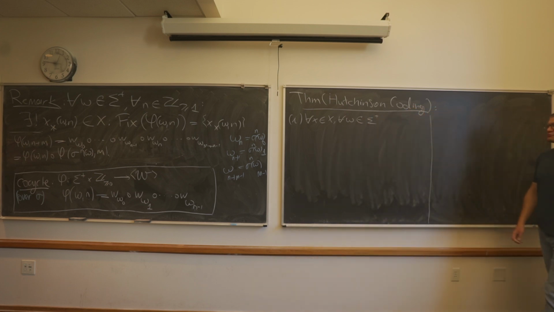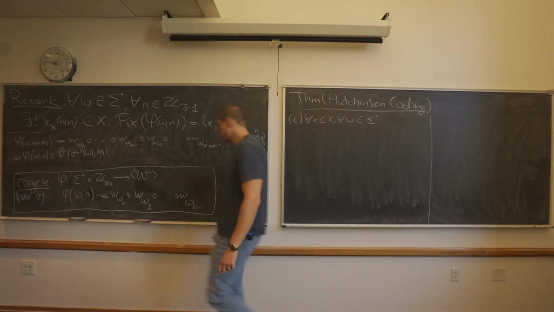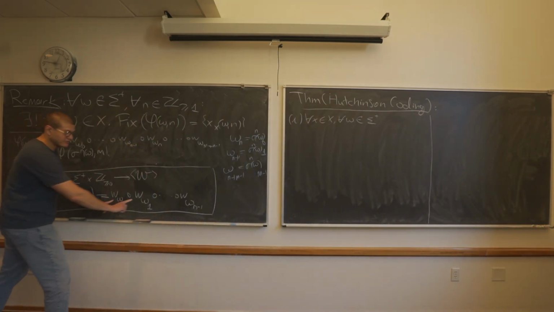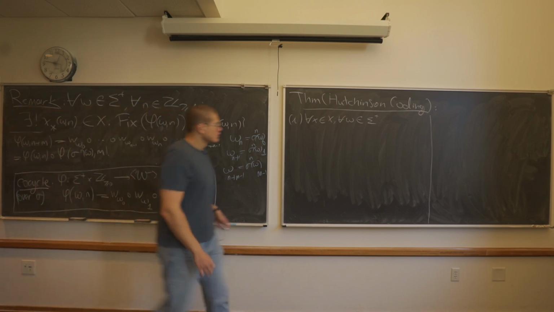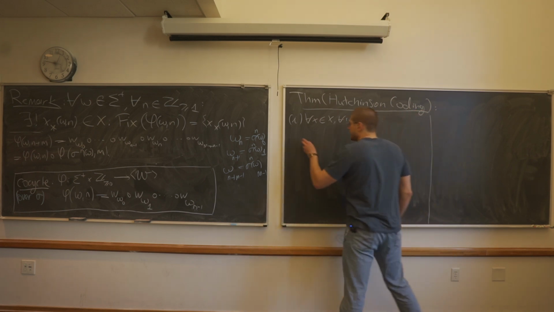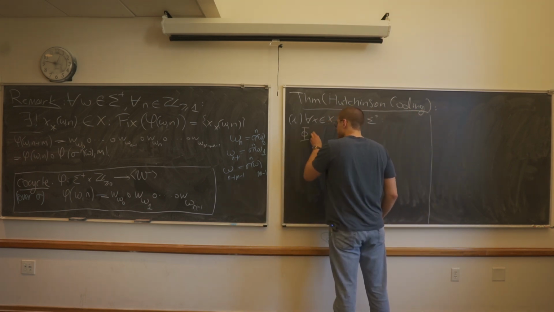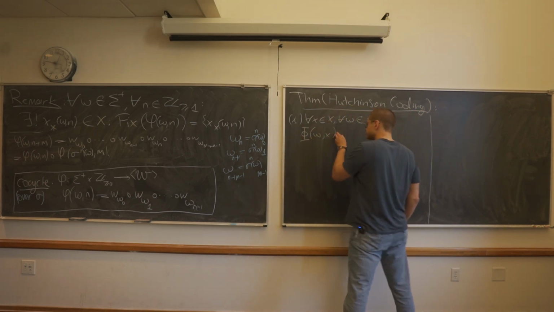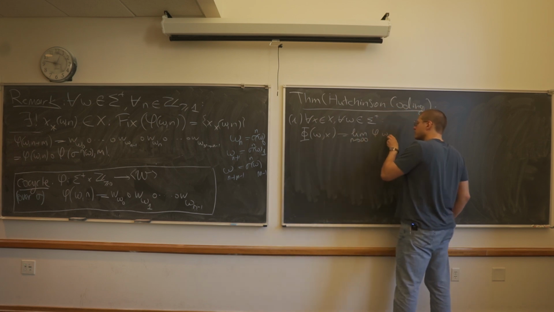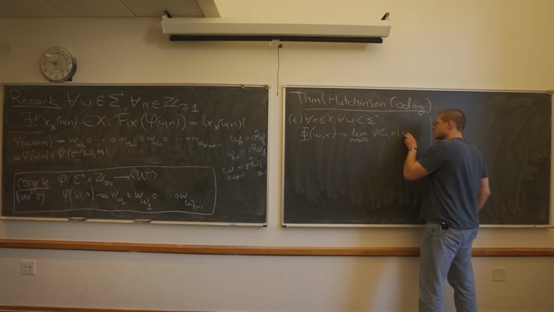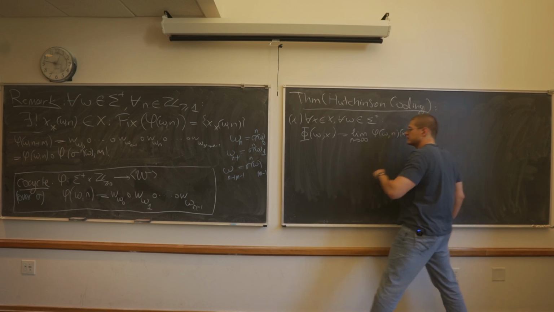For any base point or initial condition x in X, and for any sequence omega, if I were to feed x to this function, recall this is a function, it's a bunch of contractions after all, and take the limit as n goes to infinity for fixed omega, that limit exists. That I'm going to denote by capital phi of omega comma x.